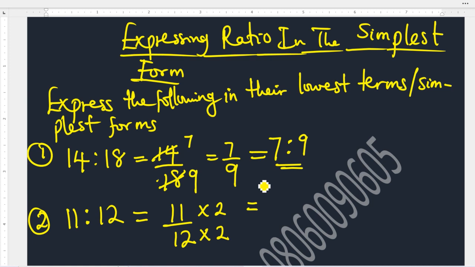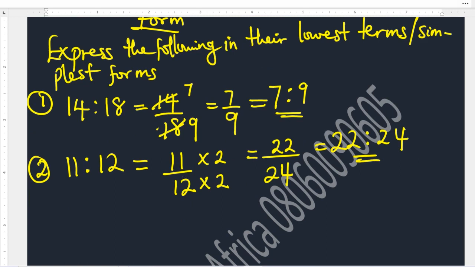So 11 times 2 is 22. 12 times 2 is 24. So the answer is ratio 22:24. Always rewrite the fraction as a ratio. So, another example.